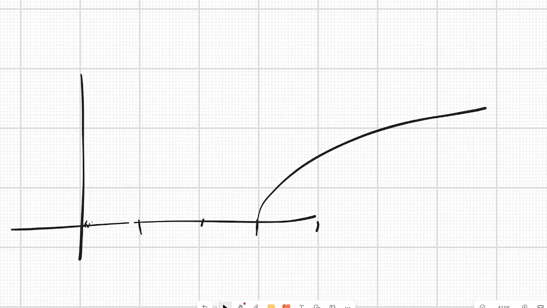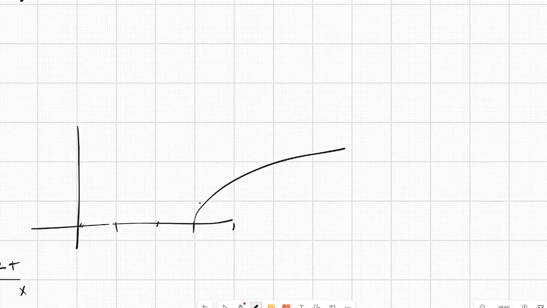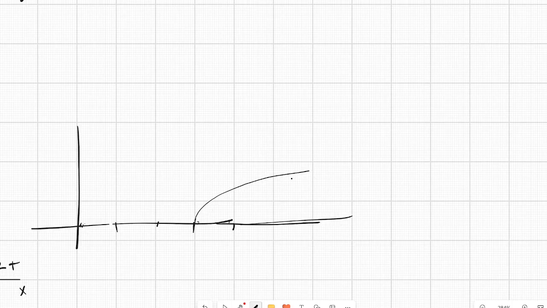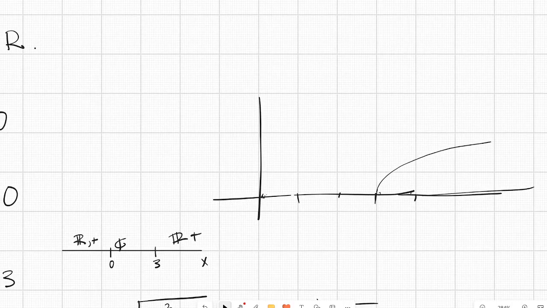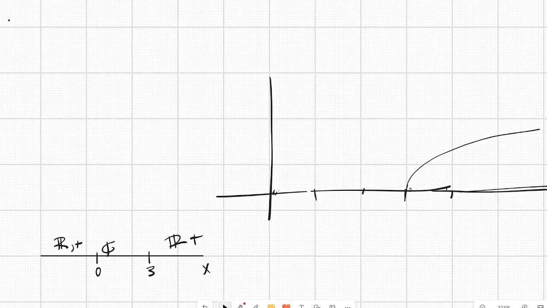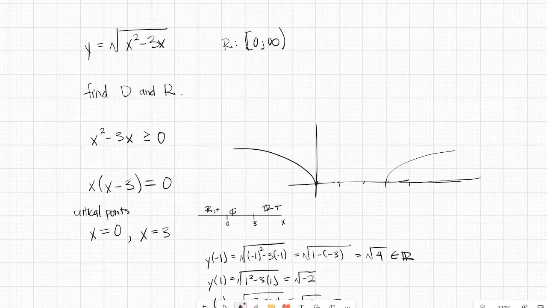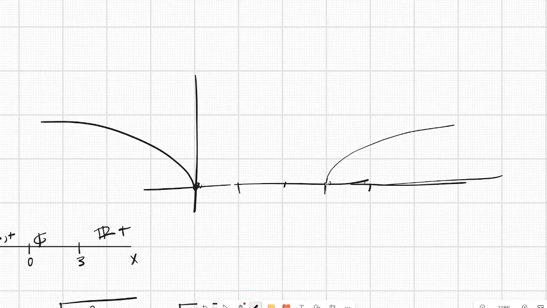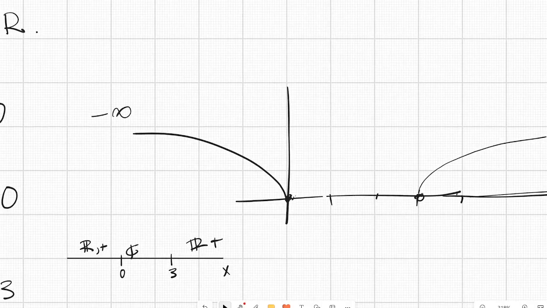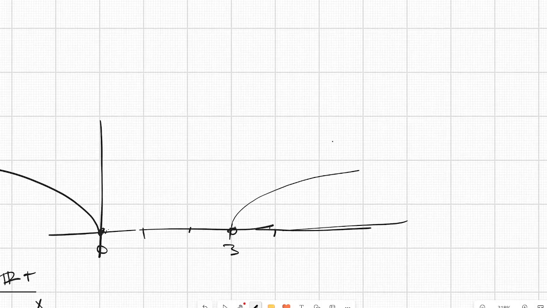And then for the square root of x squared minus 3x, adding that x factor onto the 3 will make it a little lower, but you'll still have that same kind of square root shape. And similarly, for the x equals 0 point, it's going to go off that way. So this shoots off to negative infinity. This is 0, this is 3, and this goes to positive infinity.